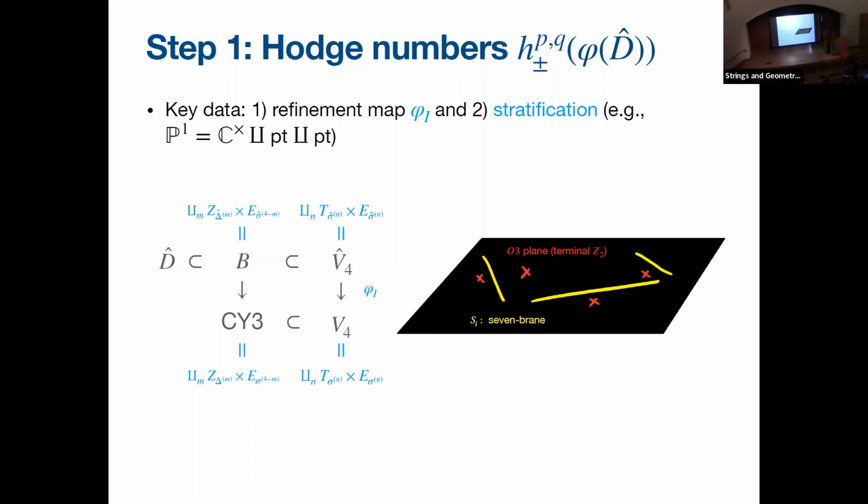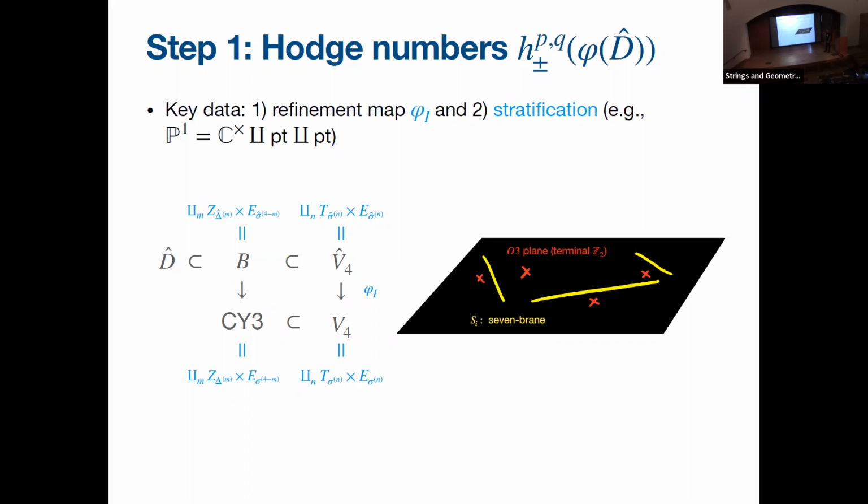And the second piece of data is something called stratification. For those of you who are familiar with projective spaces, for example, these admit stratifications. A stratification is simply a decomposition of a projective space, or more generally a projective toric variety, into a disjoint union of different subsets, which look like algebraic tori.